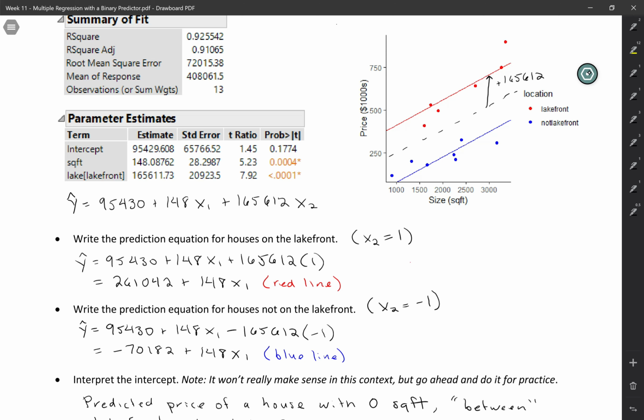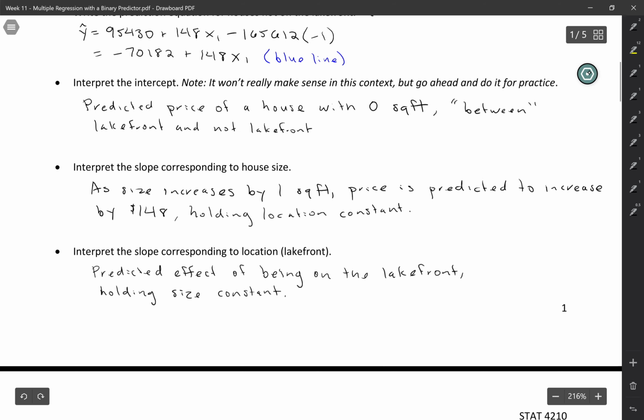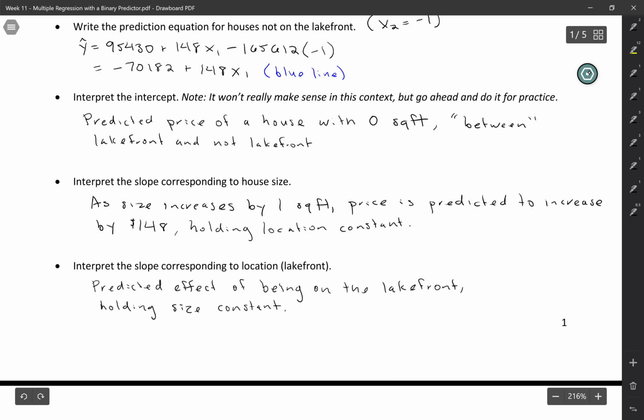But the other reason that I wanted to bring it up is because it's connected to what we did with ANOVA. So let's rewrite this regression equation in terms of the effects like we would have done for ANOVA. So we've got our predicted price, and we still have our intercept that was 95,430 plus the slope 148 times size.